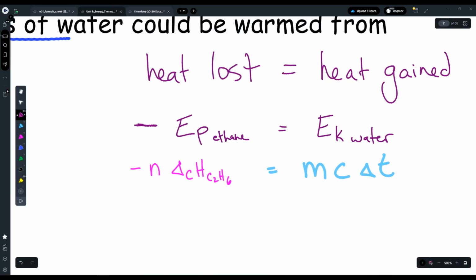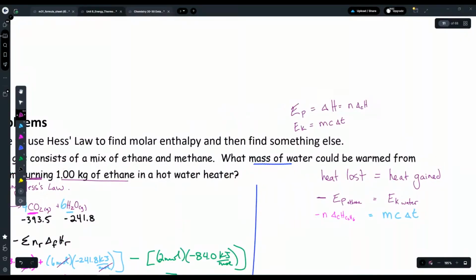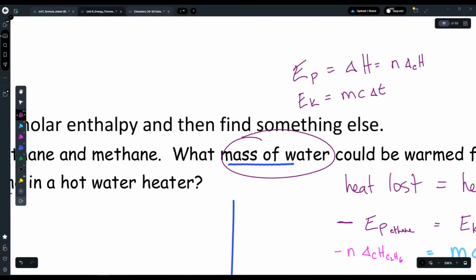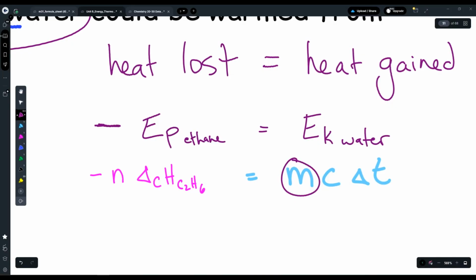So how we're going to rearrange this is, because we're looking for the mass of water, we want to isolate this m. Specific heat capacity and change in temperature are multiplying mass, so we need to do the opposite. We need to divide by both of those.